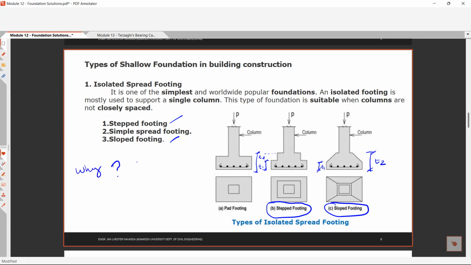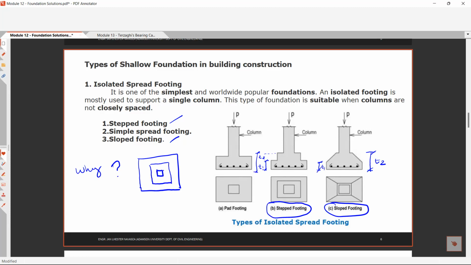If you have taken up reinforced concrete design and studied the design of foundations, you all know that in a simple isolated foundation, in the analysis of one-way or two-way shear, the region near the column is the most stressed.